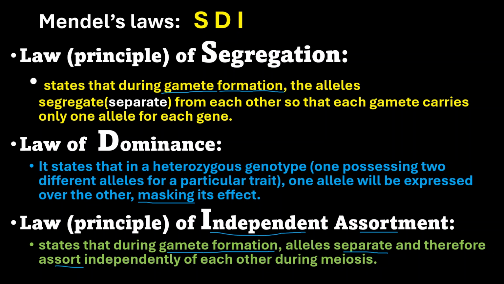Now you have to use those words: independent, assortment, dominance, segregation. You have to use the meaning of those words when you're explaining. And all these things are happening during gamete formation, that is gametogenesis, where the alleles separate and they assort. Assort means they distribute themselves independently of each other during meiosis. And you know, meiosis is what makes gametogenesis possible, or gametogenesis occurs by meiosis.